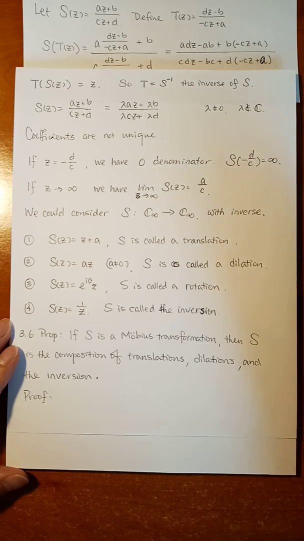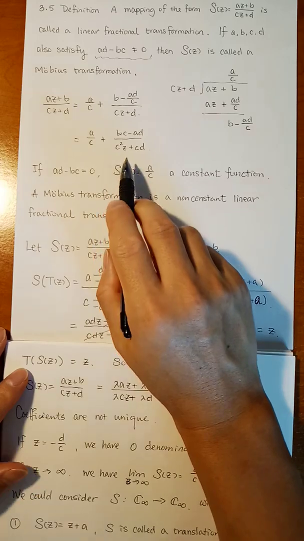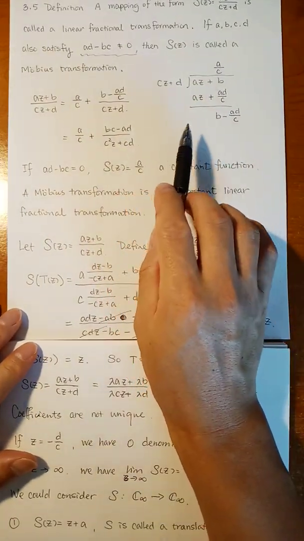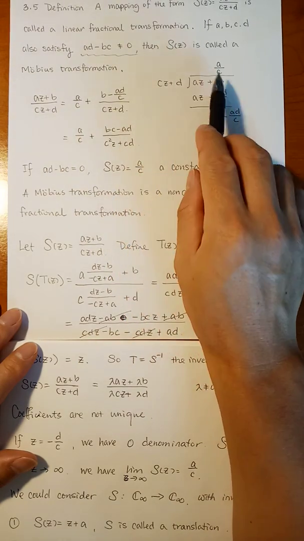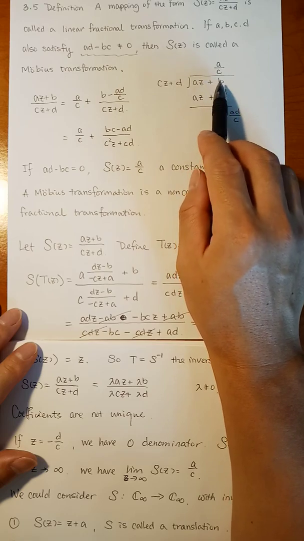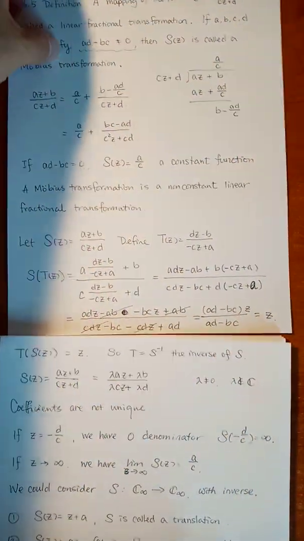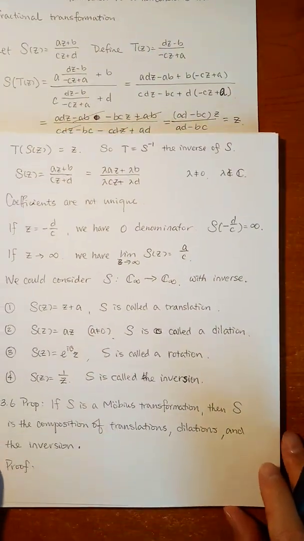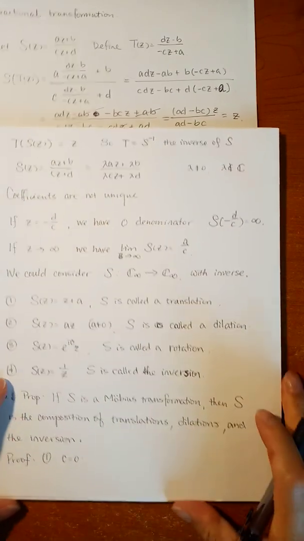Remember that we did this long division. I didn't emphasize that we can do this long division only when C is not equal to 0. If C is equal to 0, there's no such long division. So here we do a similar thing, and we discuss cases on C. Case 1, C is equal to 0.